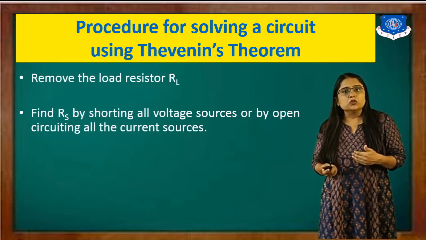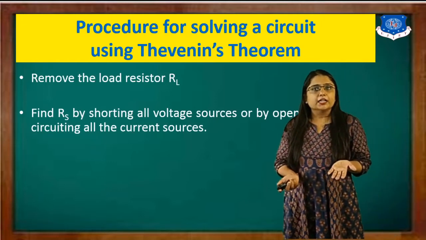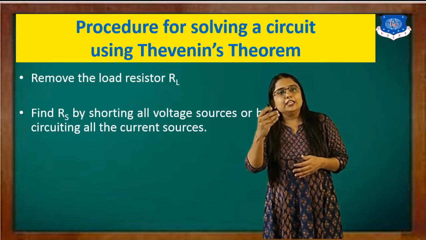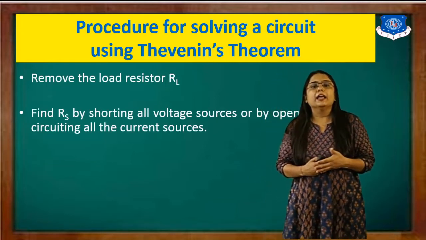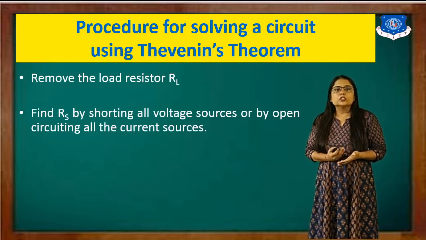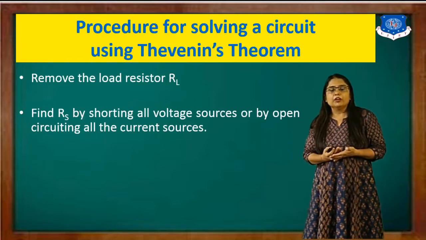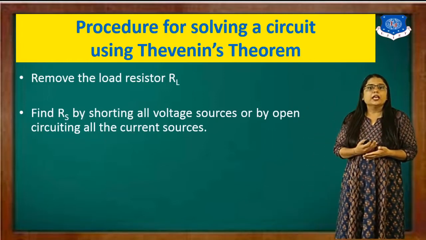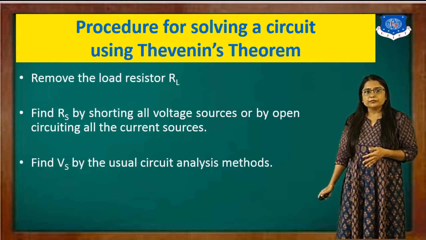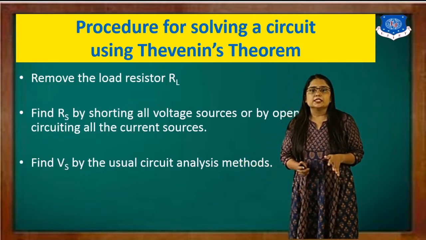If you have a dependent source and you want to find the Thevenin equivalent resistance, or Rs, then you have to use one equation: VTH divided by IN, where IN is the Norton equivalent current. Because we know that the resistance R equals V by I, and here V is the Thevenin equivalent voltage and I is the Norton equivalent current. Then find the Vs by the usual circuit analysis method.